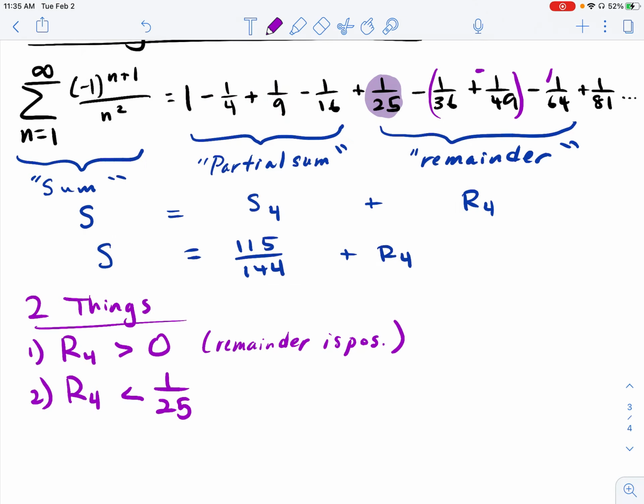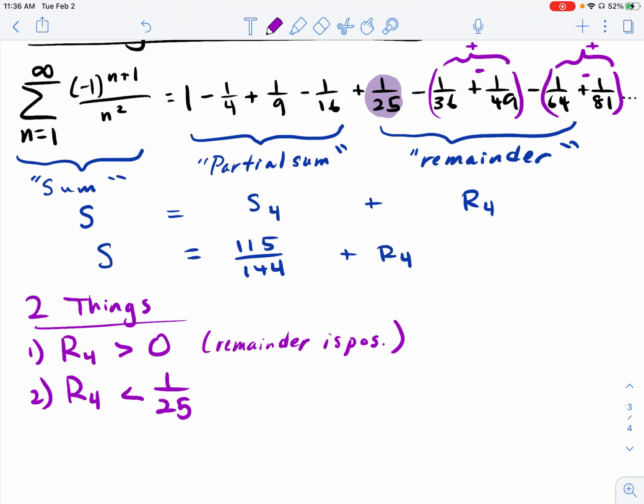To group that together and make this term negative, think about what's happening here. I am subtracting this entire grouping, 1 over 36 minus 1 over 49, and all of this is going to be positive. So I'm subtracting a bunch of positive values from 1 over 25.